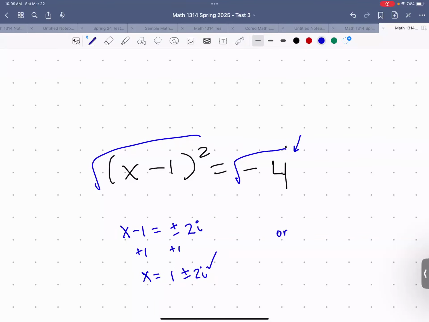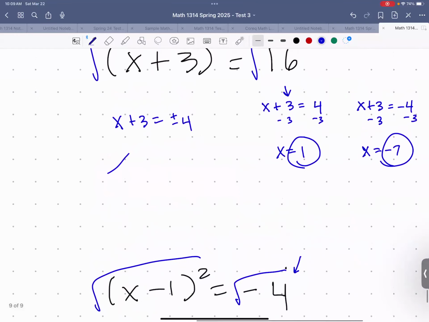Or you could write it out like we did the other one. X minus 1 equals 2i, x minus 1 equals negative 2i, and solve for x. It's still going to give me 1 plus 2i and 1 minus 2i. It's just written out as two separate numbers instead of this shorthand. We can leave it in the shorthand because we're not able to combine the 1 and the 2i.